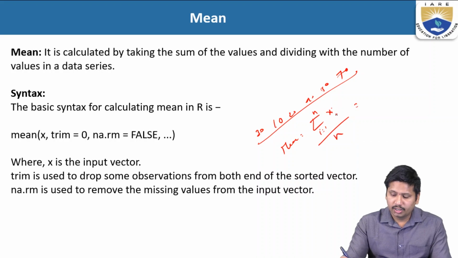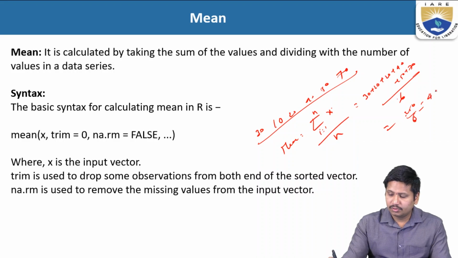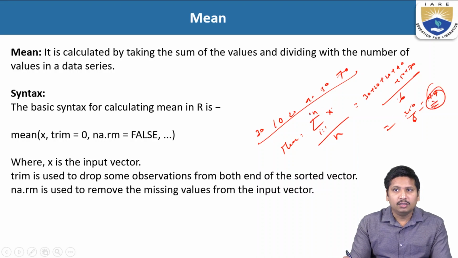Here, x1 and so on: 30 plus 10 plus 20 plus 40 plus 50 plus 75. The total number of values is 6. Roughly I can get the mean value of this data set.